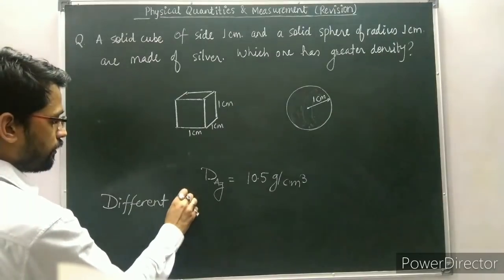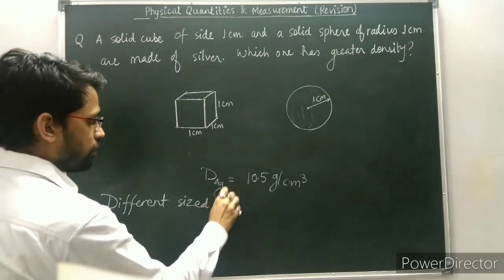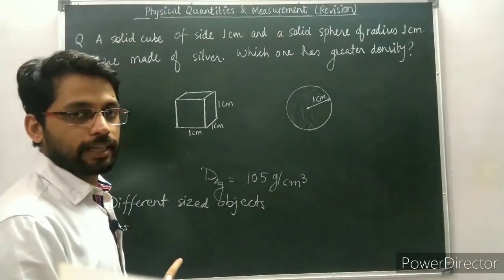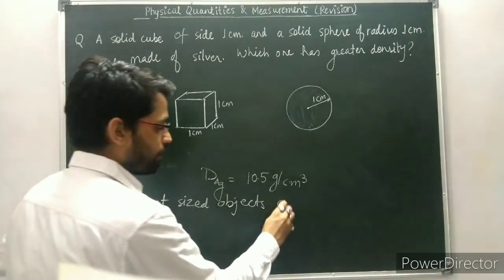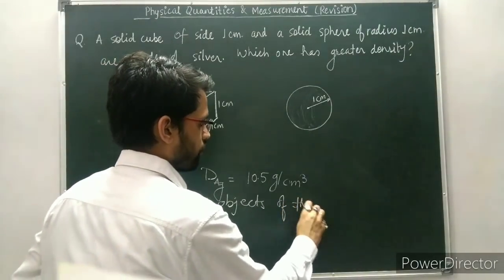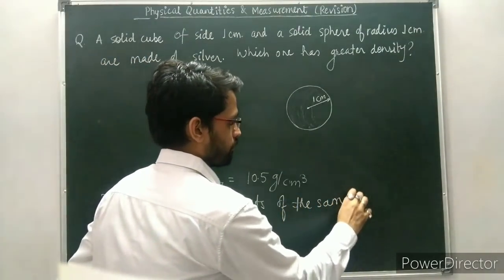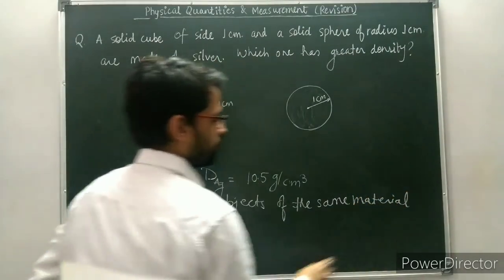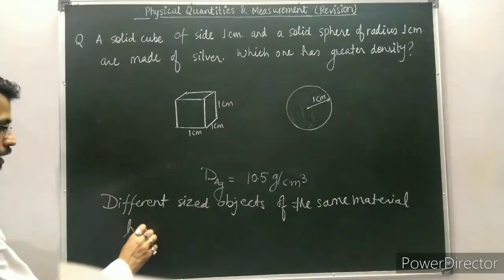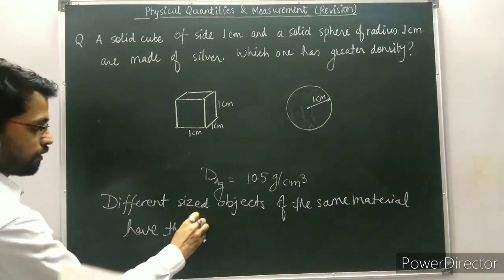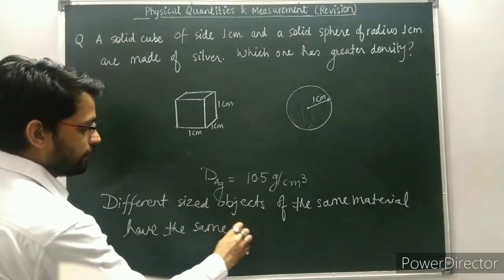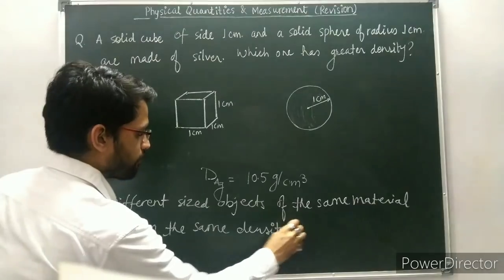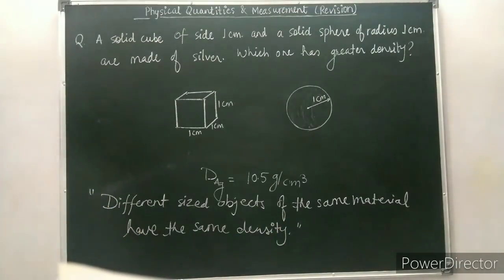Different sized objects of the same material have the same density. Note it down.